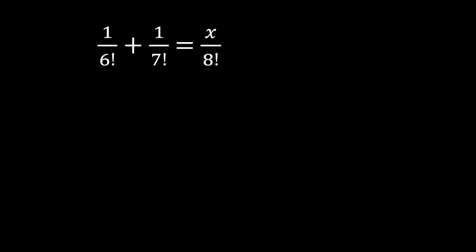In this video, we'll solve an equation that contains factorials. We know factorials can be expressed as factorial n equals n times (n minus 1) times (n minus 2) till 1.